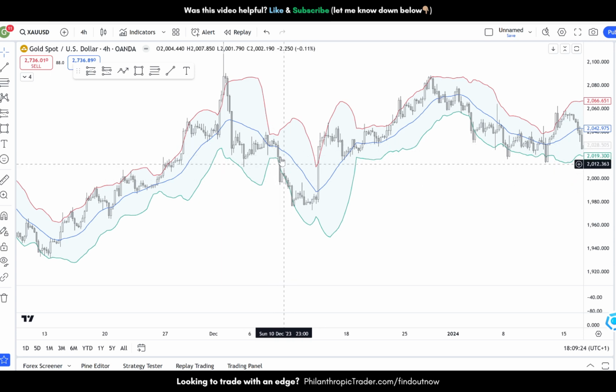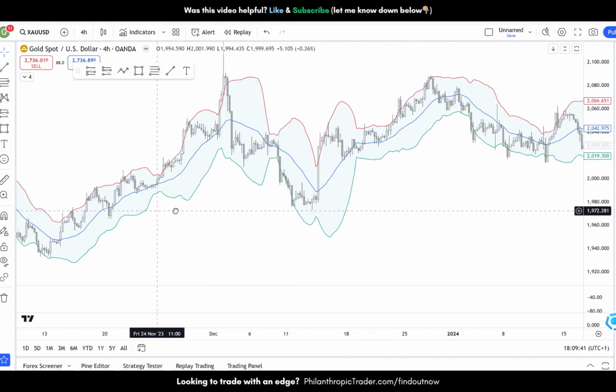So there's less volatility, and then we see over here that it increases. We see a big candle, and then we also see that the bands become broader and broader and broader. So the Bollinger Bands is also a really useful indicator.